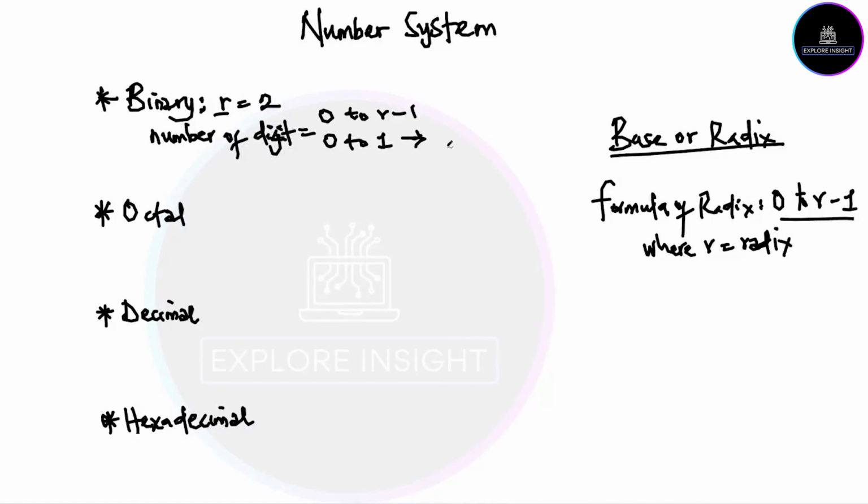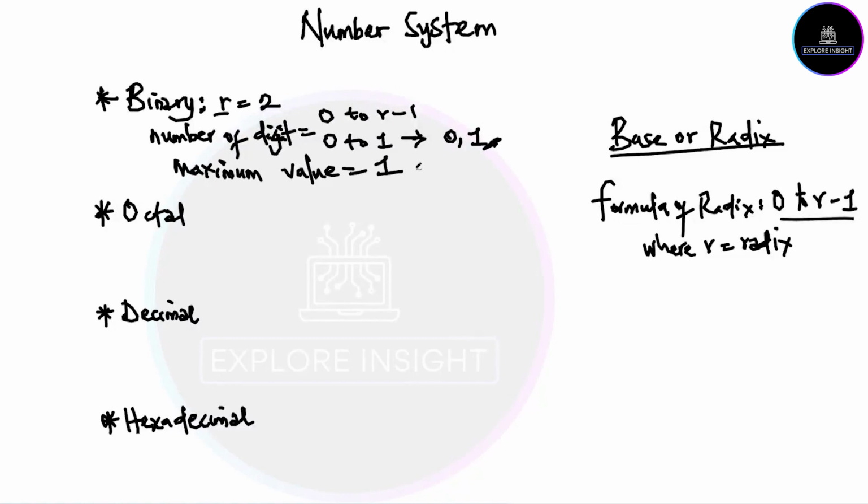So simply put, this is 0, 1. It is also important to understand that the maximum value in the binary system is 1.